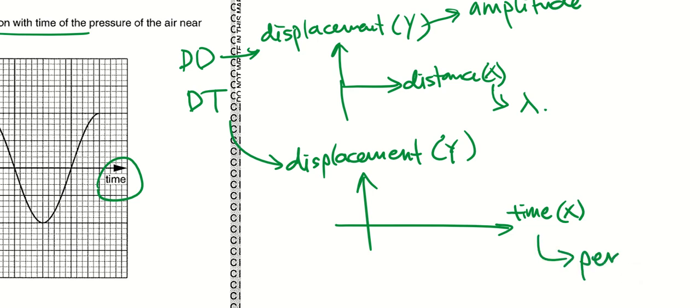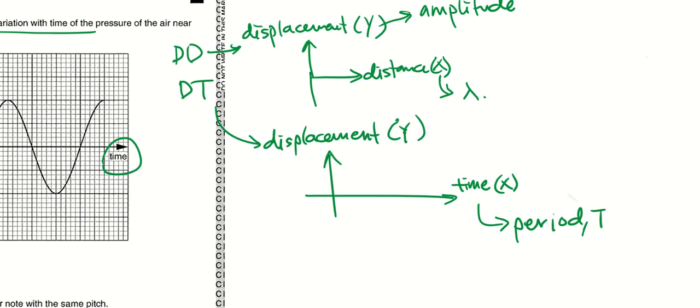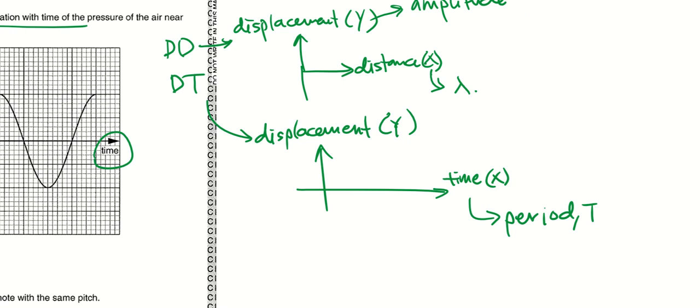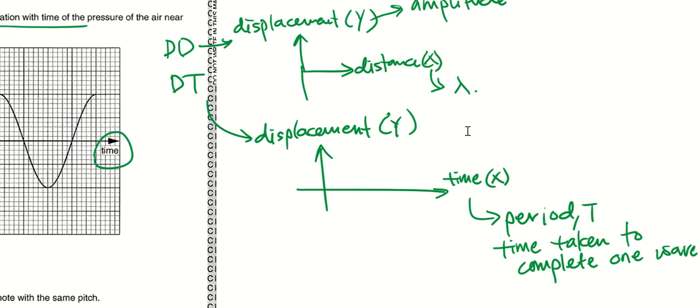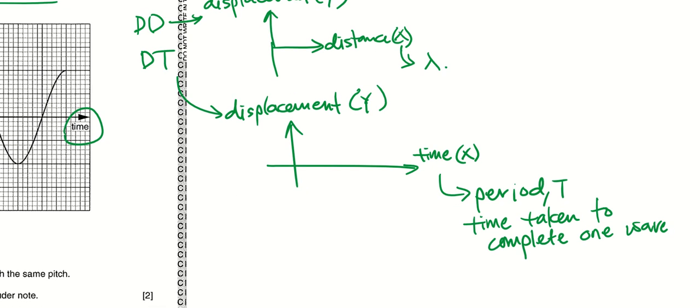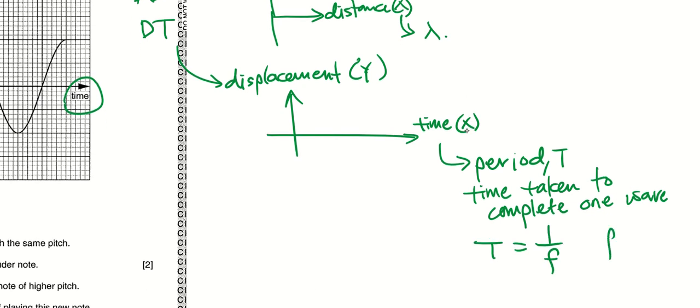What is period? Period is capital letter T. Period is the time taken to complete one wave. So if you have period, then you can calculate frequency, because T equals 1 over frequency, or frequency equals 1 over T.